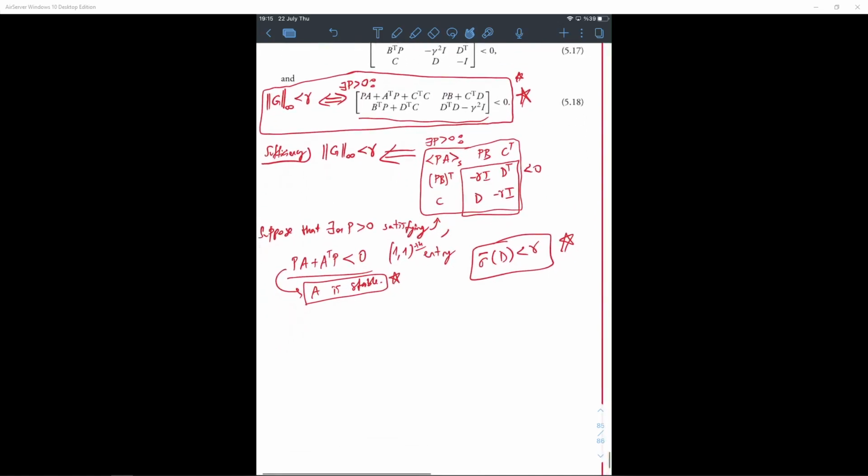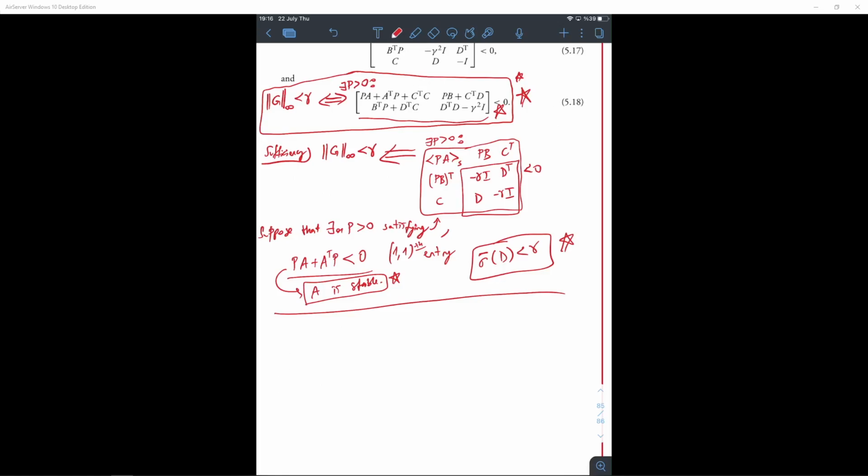Okay. Since we consider this as true, we are going to use Schur's lemma, and let me try to do that.